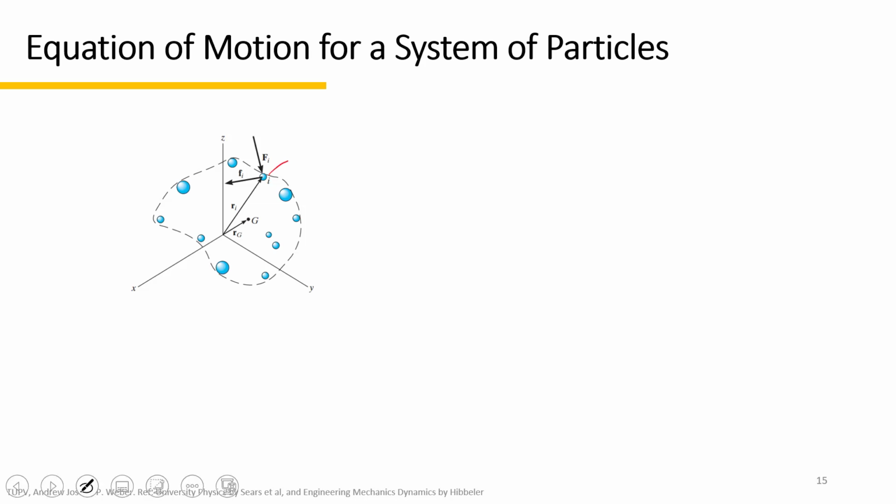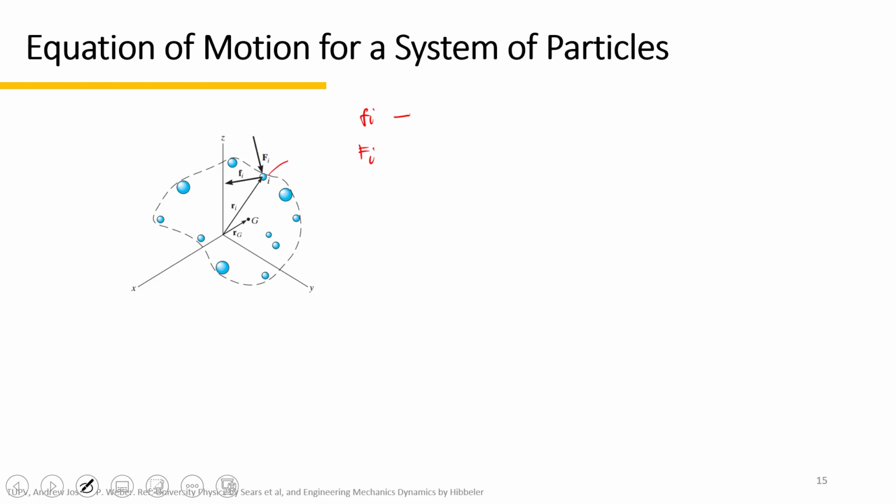As we can see, there are two forces that act on that particle, the small f_i and the capital F_i. The small f_i is the resultant force of all the other forces from the rest of the particles that are exerted on that particle.